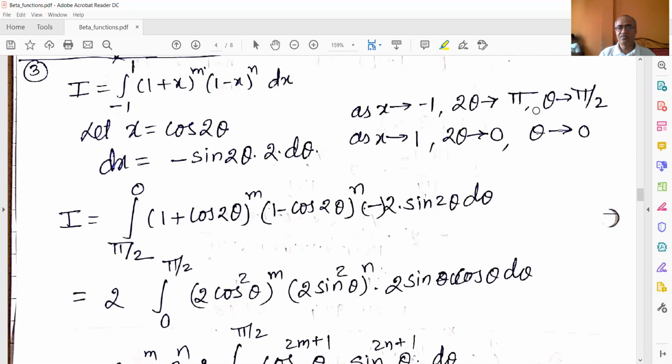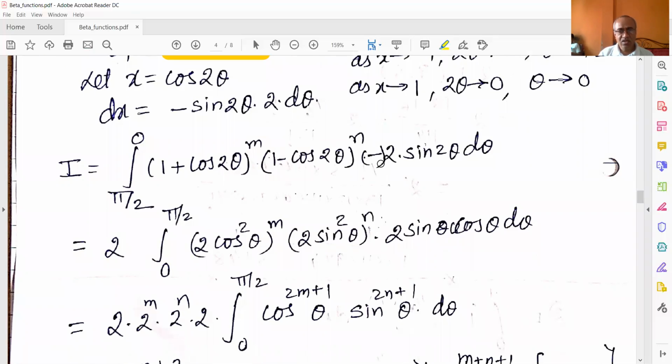Here I have changed the limits also. As x tends to minus 1, this 2 theta will tend to pi, and that gives me theta as pi by 2, and as x tends to 1, 2 theta tends to 0, that gives me theta tends to 0. So these substitutions we have kept in the basic integration form.